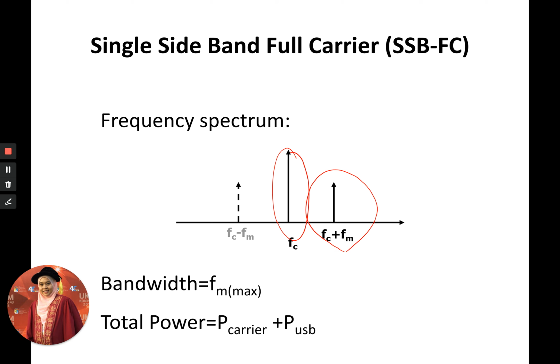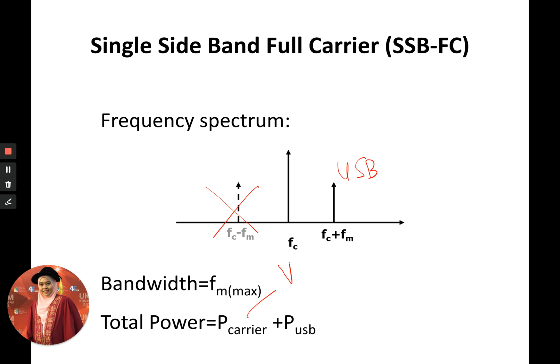So for this, it can be either one. If you want to have the lower sideband, then the upper sideband will not be on the spectrum. But for this slide, it shows that it has the upper sideband, so we don't have the lower sideband. For the carrier power as well as the sideband, you use the same equations that I explained earlier.